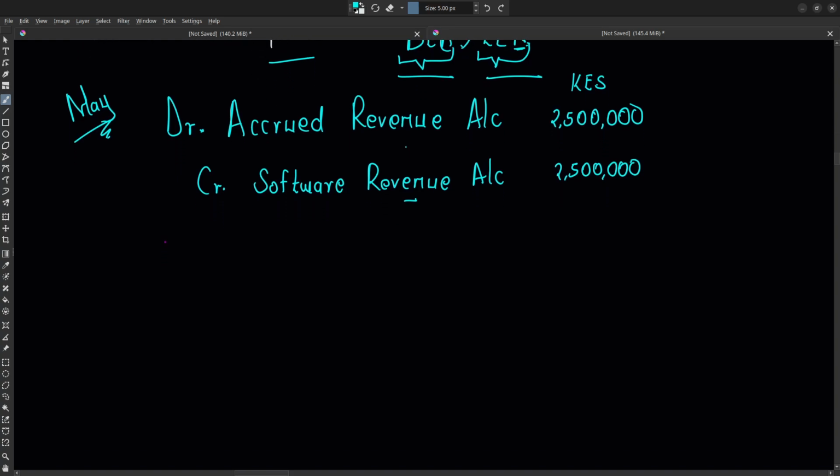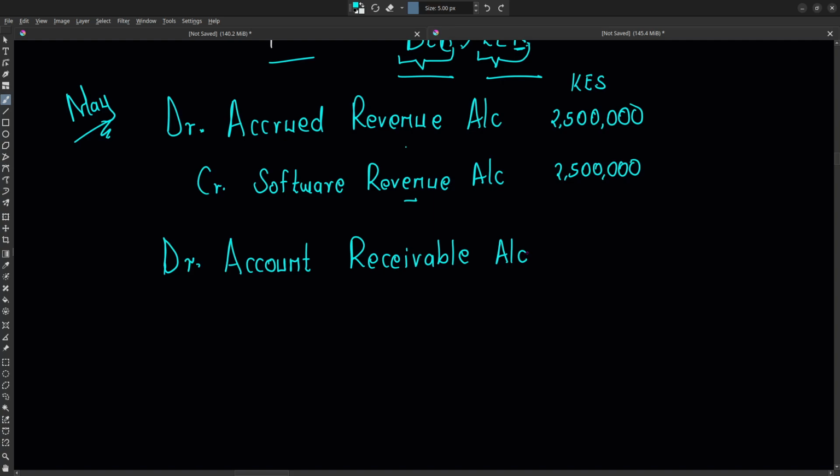We need to recognize something we call an account receivable, because now we have raised an invoice to the client. They are yet to pay us, but we have raised the invoice, and we are now moving this amount to the account receivable, because it is also an asset account. That is why we are debiting to increase it.